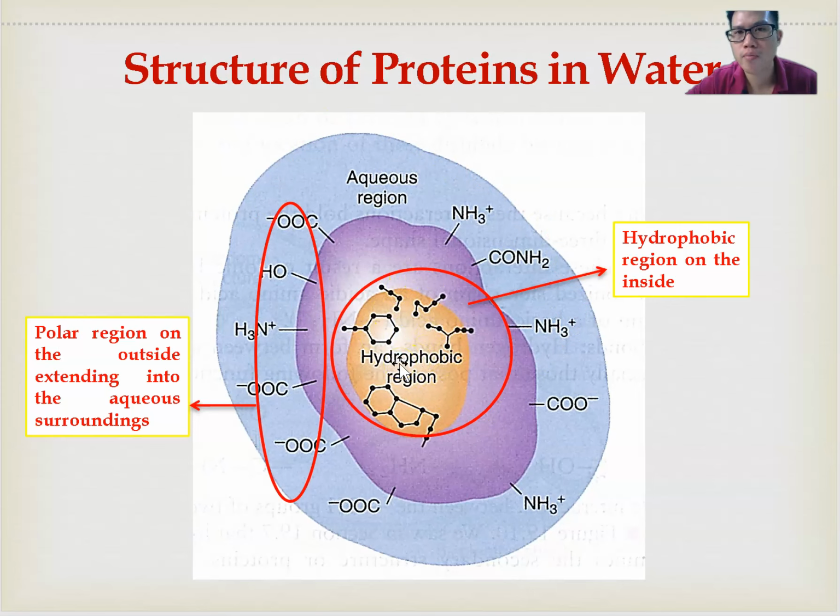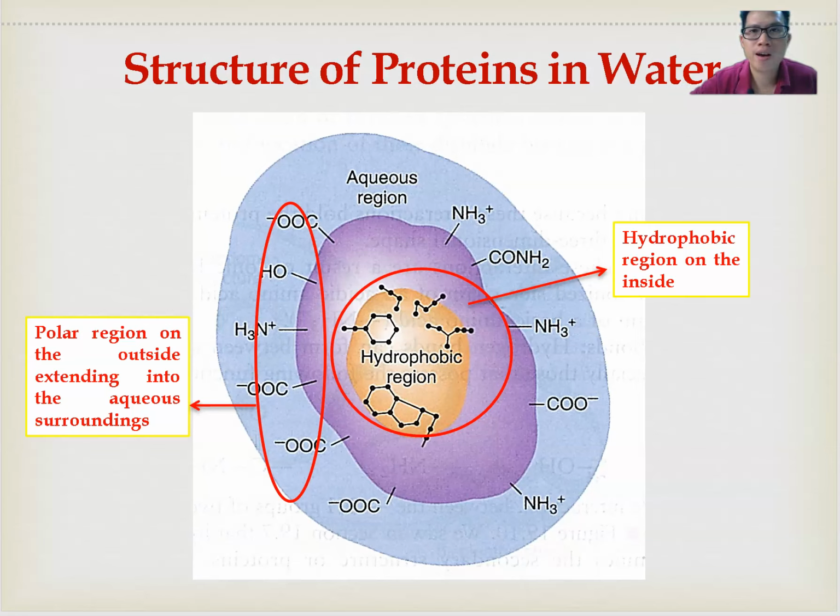Usually, if the protein is made and suspended in an aqueous or water-based environment, which is in the cell, the hydrophilic one will be outside. They will fold in such a way that most of the hydrophobic ones will be in the core of the proteins, because as I mentioned, the hydrophobic doesn't like water, so they would remain in the middle of the core, yeah, most, not all, most.